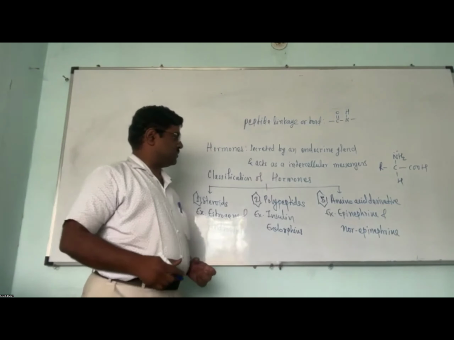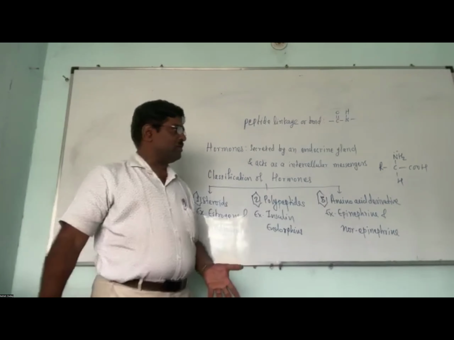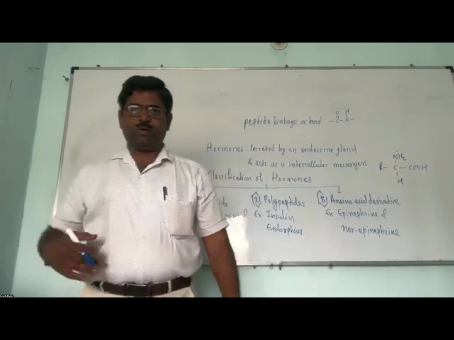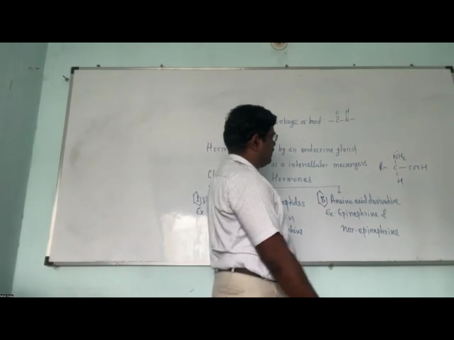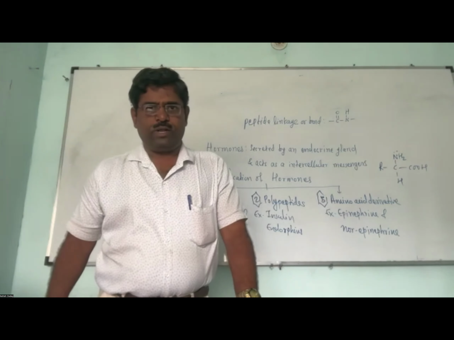What are amino acids? Amino acids are molecules containing both functional groups: NH2 is the amino group and COOH is the acid group, the carboxylic acid group. So the structure consists of an amino group as well as an acid group, and they are called amino acids.